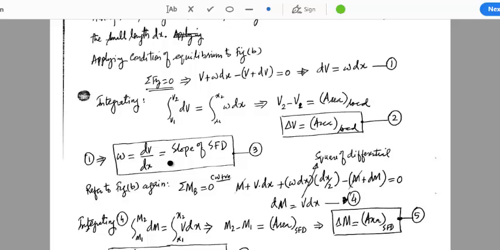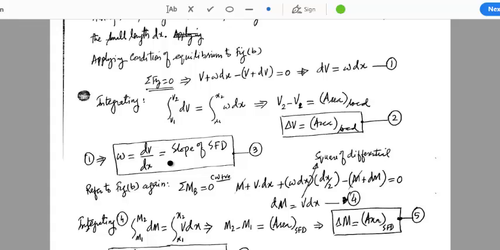If you remember, when we used to decide the slope of the shear force diagram in the case of UDL and VDL, every time we used to see whether the magnitude of the load is increasing or decreasing, and we would decide the slope of the shear force diagram accordingly. And I used to tell you guys that we will see this relationship in future. So that's the relationship we are looking at today.